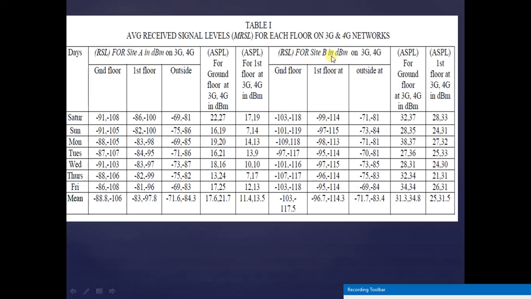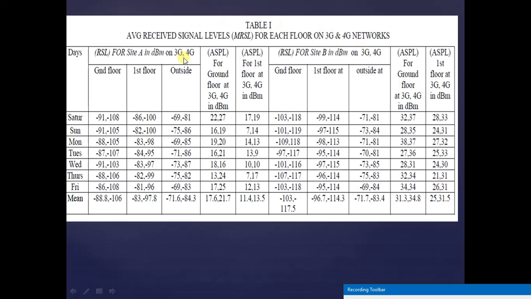Also for side B, we have seen that the average signal penetration loss is 31.3 dBm at 3G and 34.8 dBm at 4G respectively. And when the receiver goes to the first floor, it is 25 dBm and 31.5 dBm.